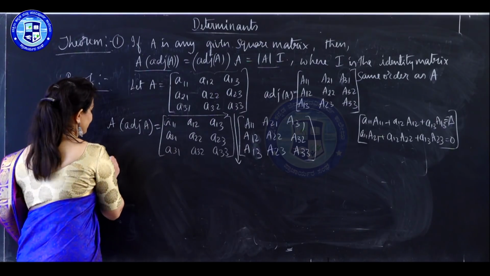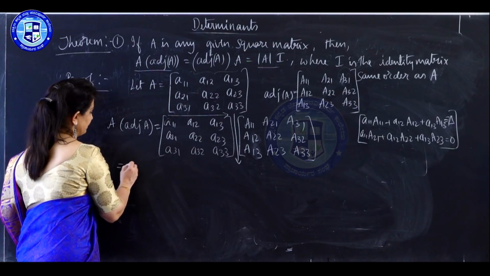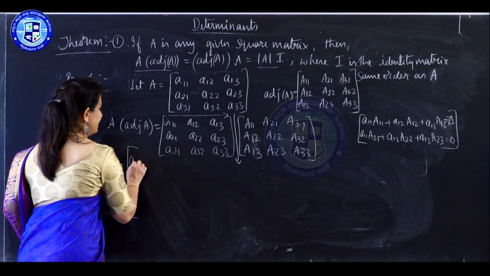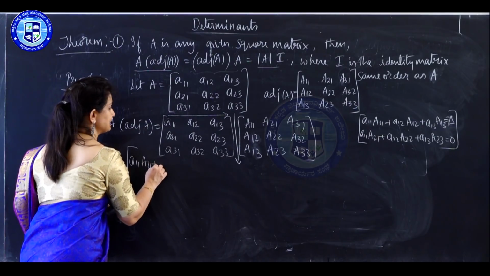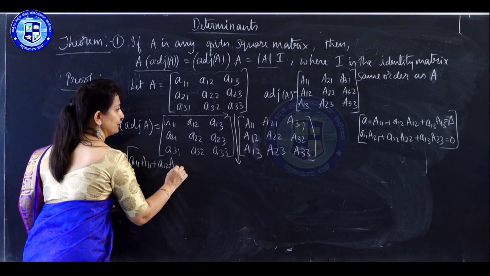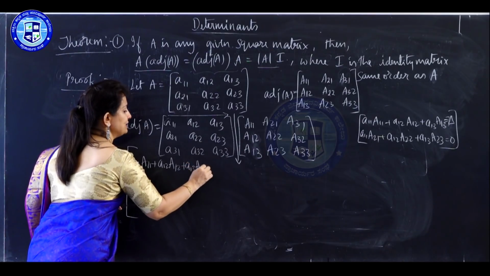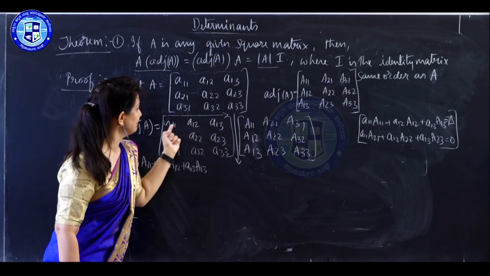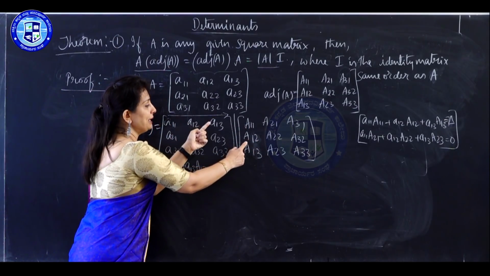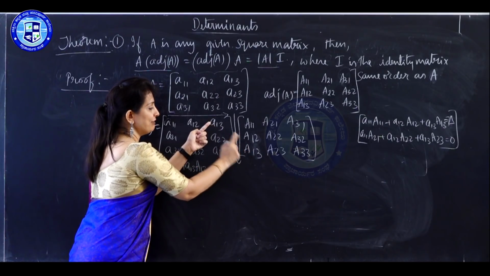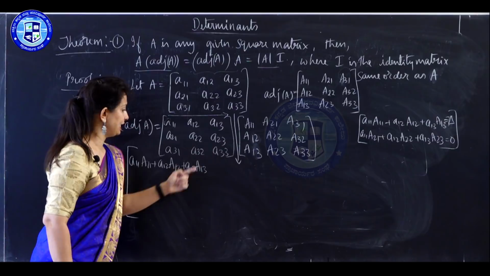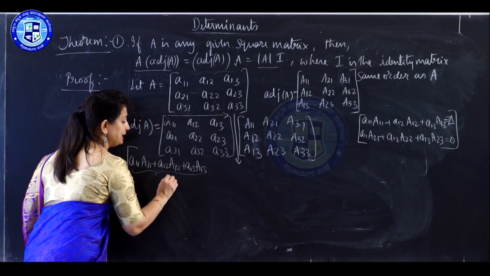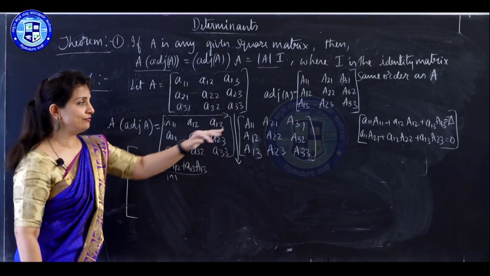Go on multiplying now, which is equal to, look at this: first row and first column when you multiply, A11 A11 plus A12 A12 plus A13 A13. What is it? First row elements are multiplied by the cofactors of first row elements. So, when you add up, this is nothing but determinant A because of our conclusion.